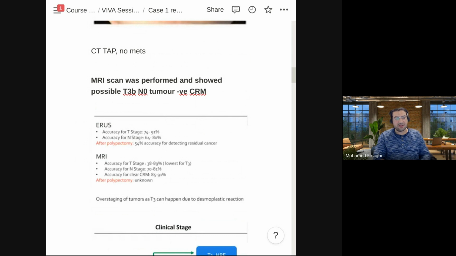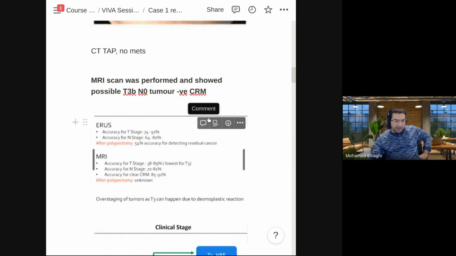So you can see the MRI scan saying it is a T3b tumor, but in actuality, when you look at the flexible sigmoidoscopy that you did, you couldn't see any residual tumor at all. So it's important to be aware of the limitation of MRI in such a situation: overstaging of the tumor as T3 can happen due to the fibrotic or desmoplastic reaction from the bulbectomy.